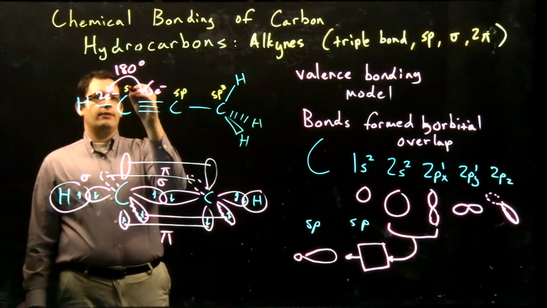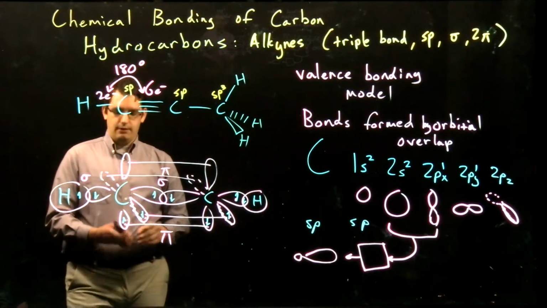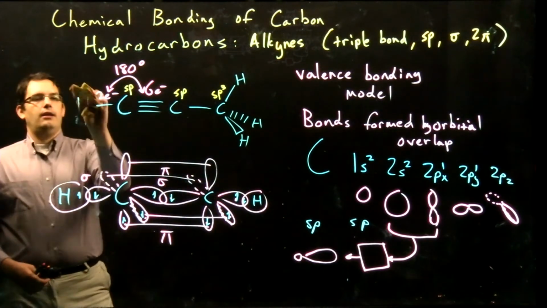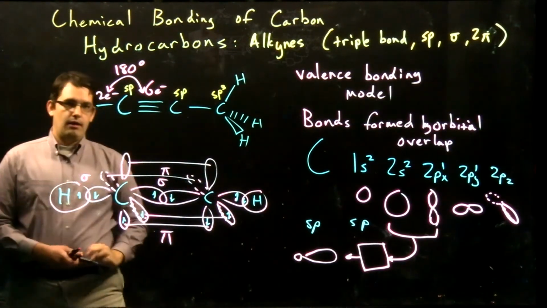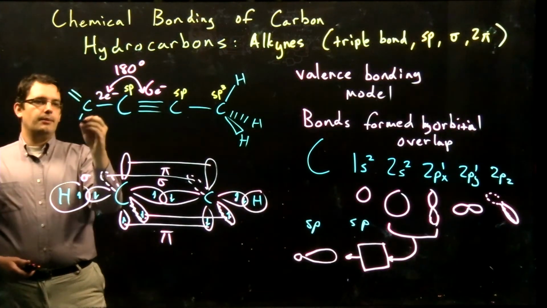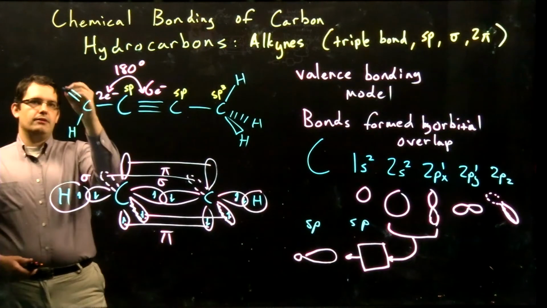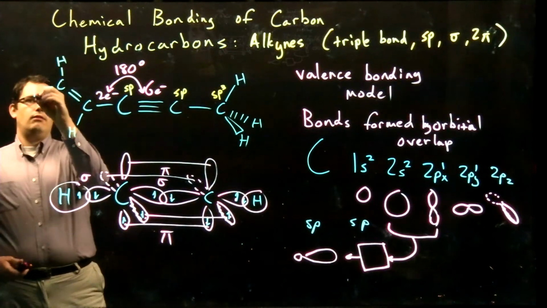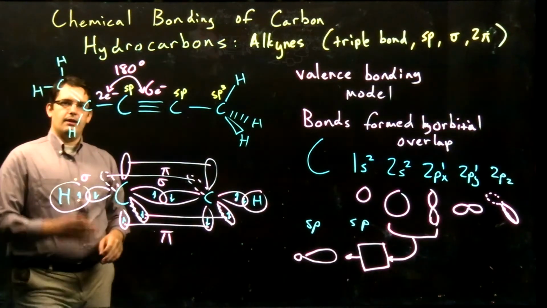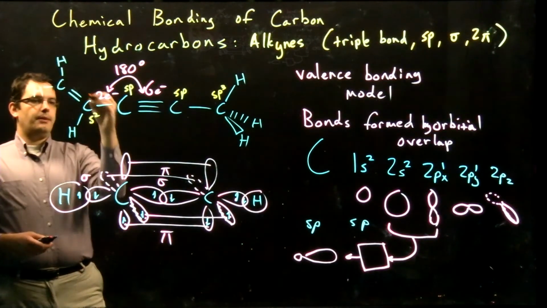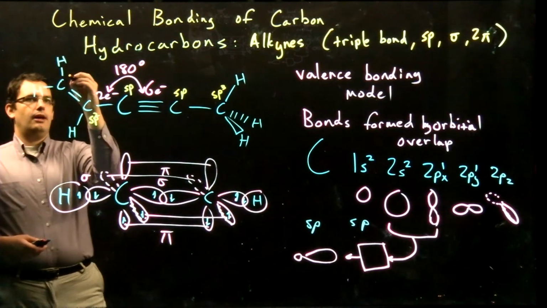I have my triple bond over here that's sp hybridized. I could have another carbon over here on the left and make this one sp2 hybridized if I have a double bond. So here's my 120 degree angles, and with my double bond between my carbons over here. Both of these, since they have double bonds, would be sp2 hybridized.